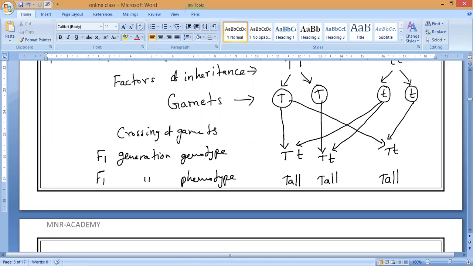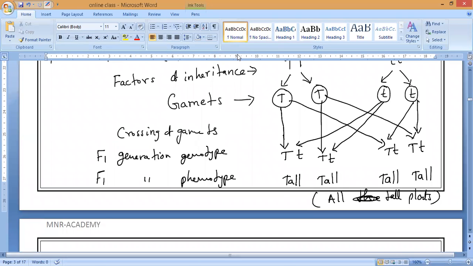Tall only will appear, and this is the last one. Again we get capital T and small t. This is the phenotype and genotype. So all plants will be tall. All the plants in the F1 generation are tall only.